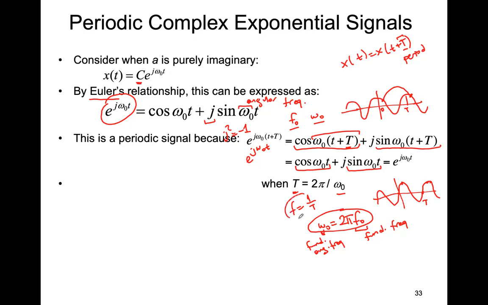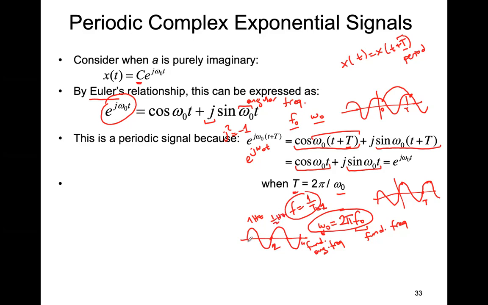So if my signal is repeating itself every 1 second, then I would say my T is 1 and my f is 1 hertz. If my period is 1 second, my frequency is 1 hertz. If my period is 2 seconds, that means this is 2, this is 4, that means f is going to be equal to 1 over 2 hertz.